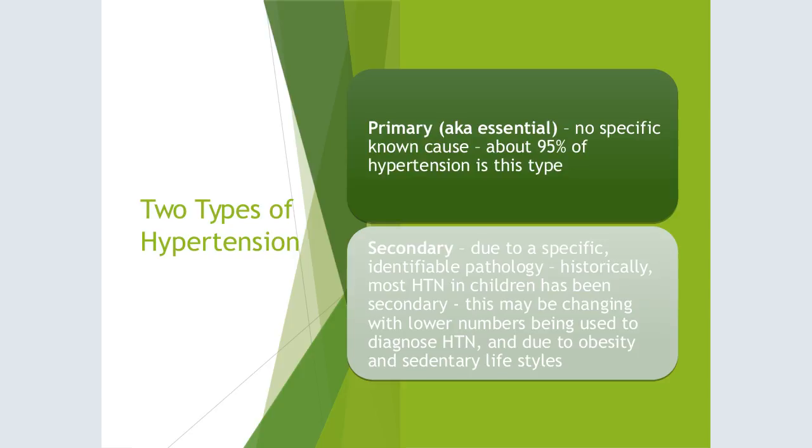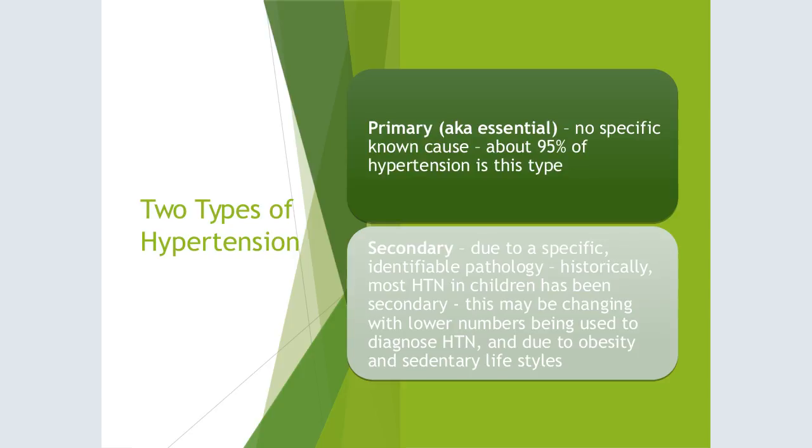Secondary hypertension, excuse me. I feel Murphy's Law coming on. I feel it. Okay, so secondary hypertension is due to a specific or identifiable pathology. Historically, most hypertension in children has been secondary to another problem, okay?